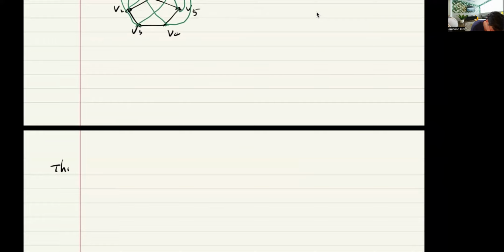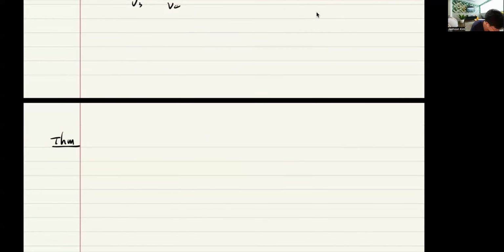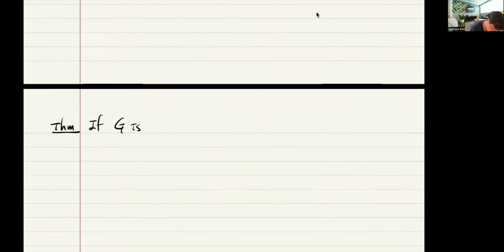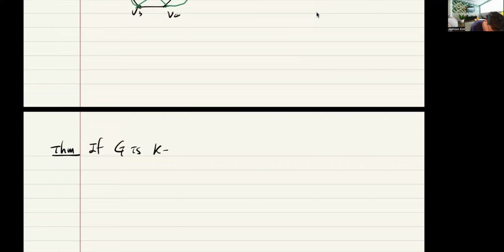Okay, why do we care about this? This is a way to produce a graph from another graph such that the chromatic number increases while the clique number does not increase. Moreover, you can keep the clique number as small as possible.